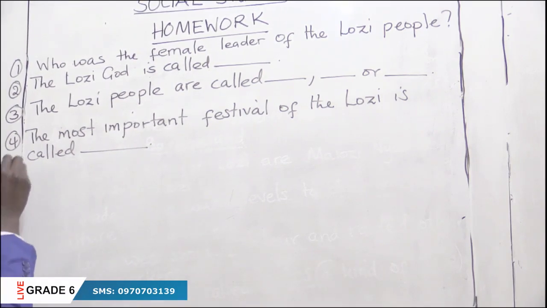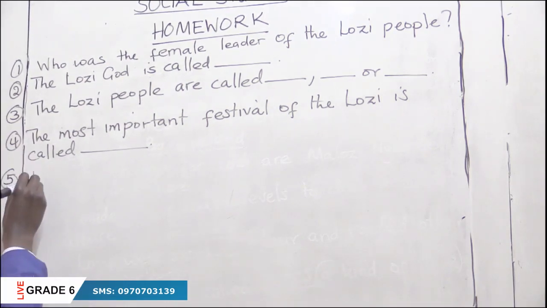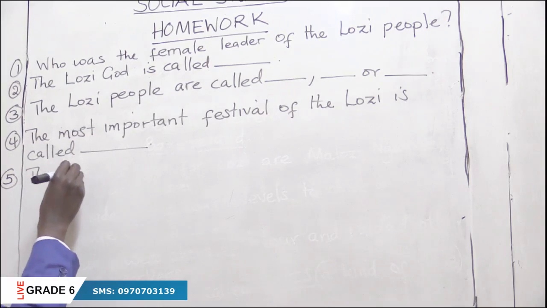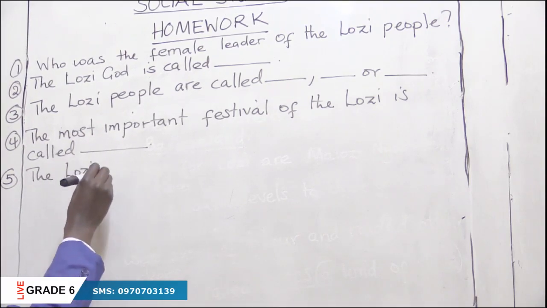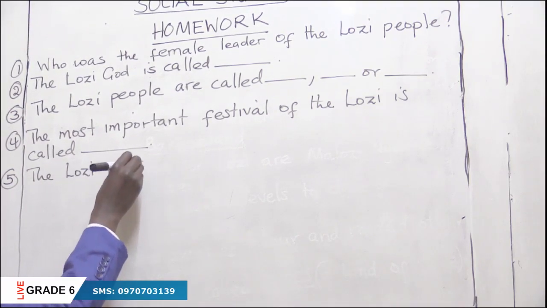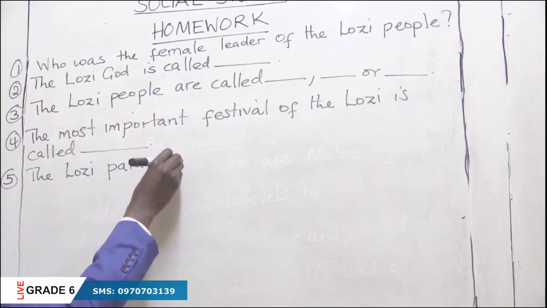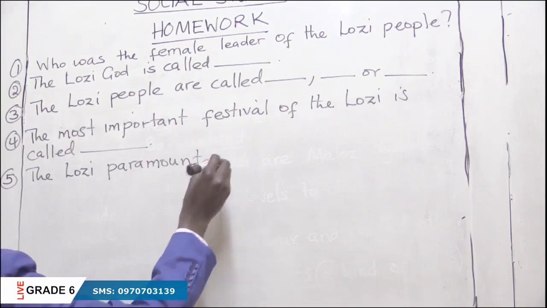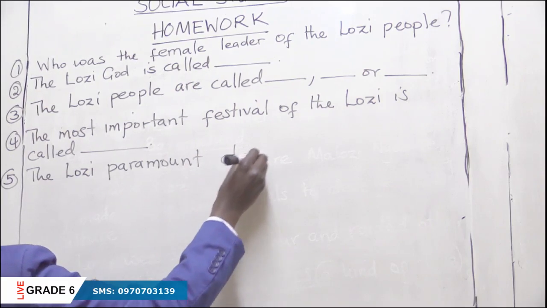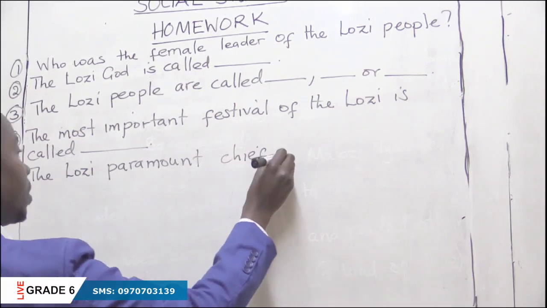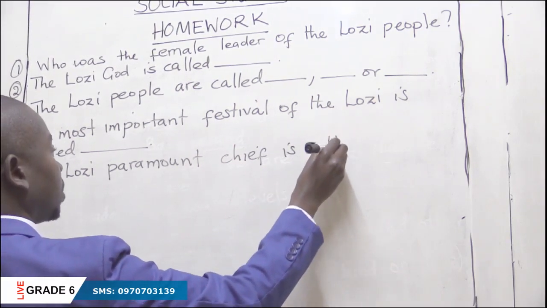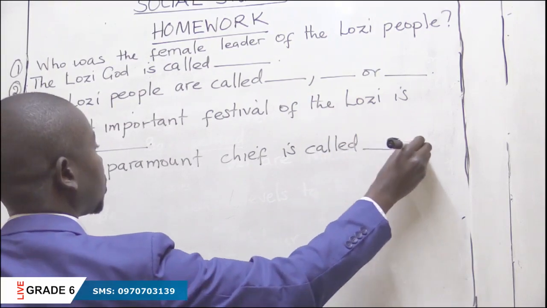Number 5: The Lozi paramount chief is called Dash.